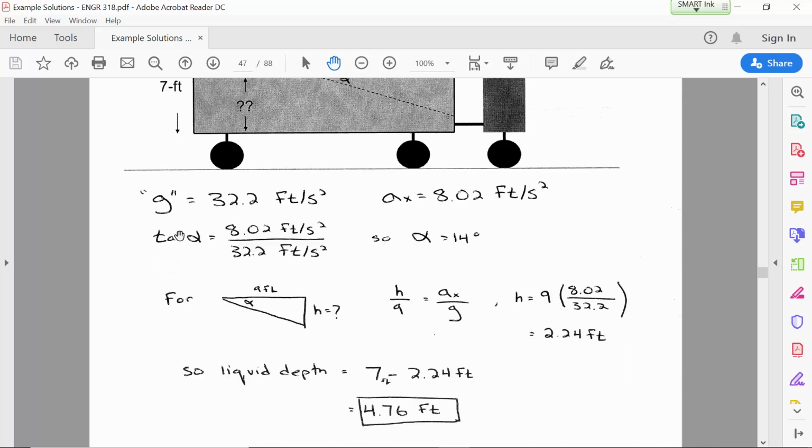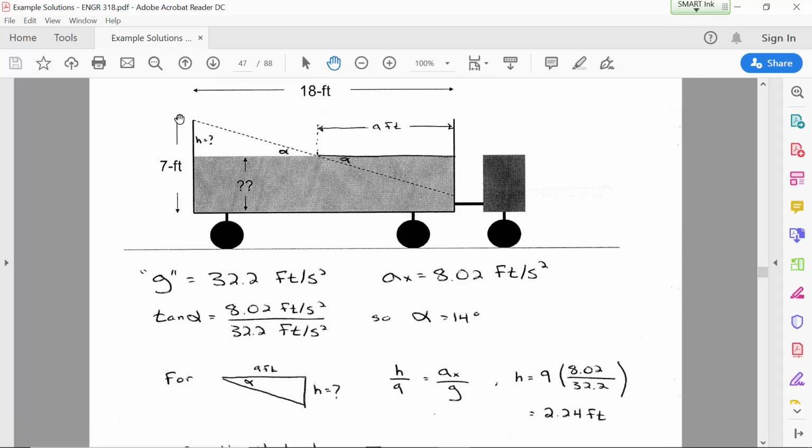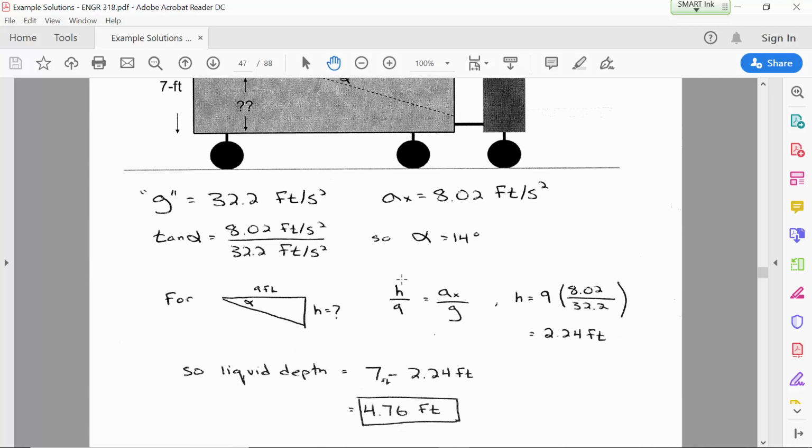Beneath that, it's going to be 4.76. It rises as much on the left as it falls on the right. The overall liquid volume stays the same. So if it goes up 1 foot on the left, it goes down 1 foot on the right, and it pivots about the midpoint of the tank. So 4.76 feet.